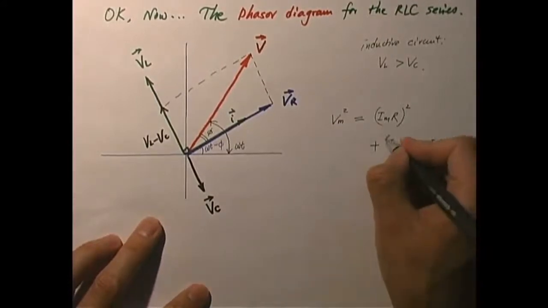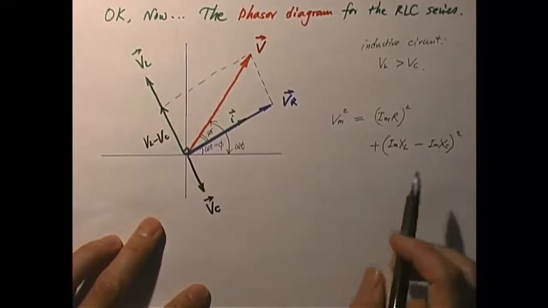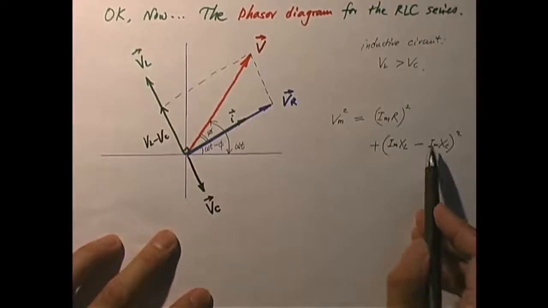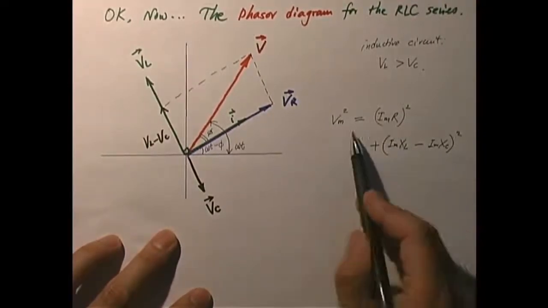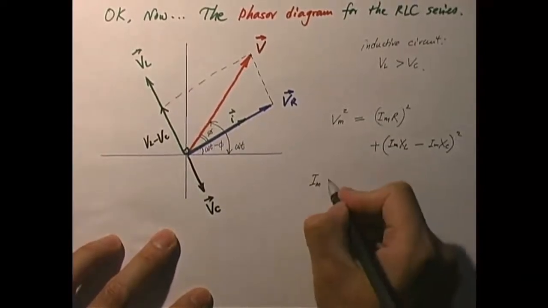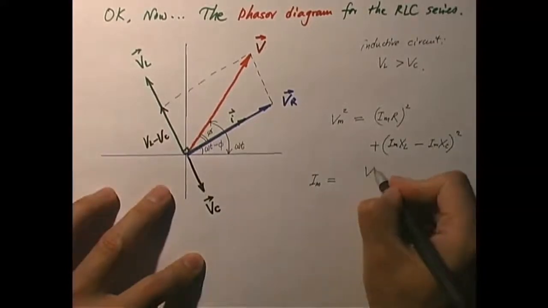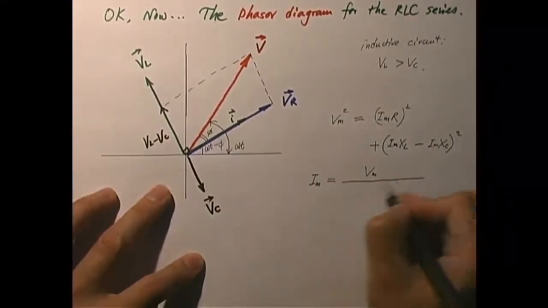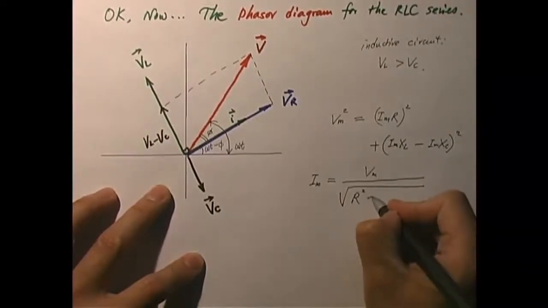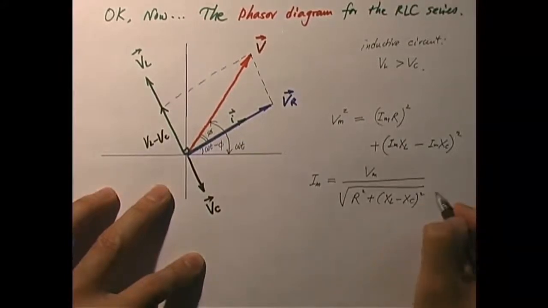So you square this, and you notice that there is I maximum here, I maximum here. Everything else is known. I can solve for I maximum by taking out this common factor. I maximum, therefore, equals, don't forget you have to take the square root because everything is squared here, V maximum divided by the square root of R squared plus (XL minus XC) squared.